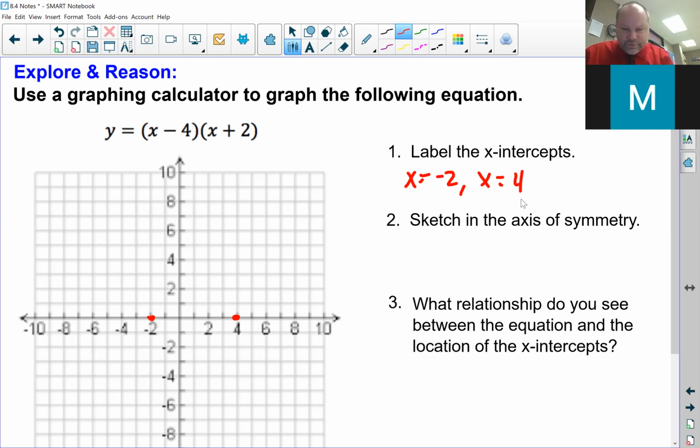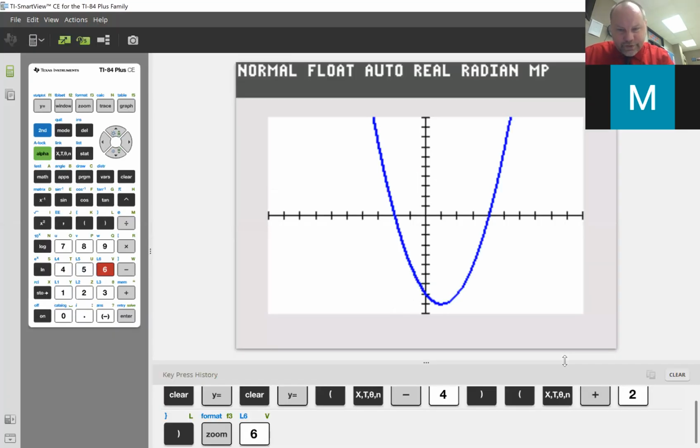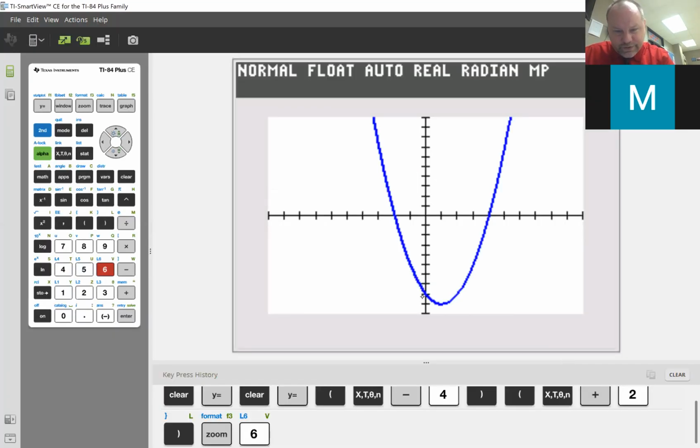And some other things that we can find, where it crosses the y-axis. So the y-intercept, 1, 2, 3, 4, 5, 6, 7, 8. So I just counted on my y-axis down to the point where it crosses, and it crosses at y equals -8.